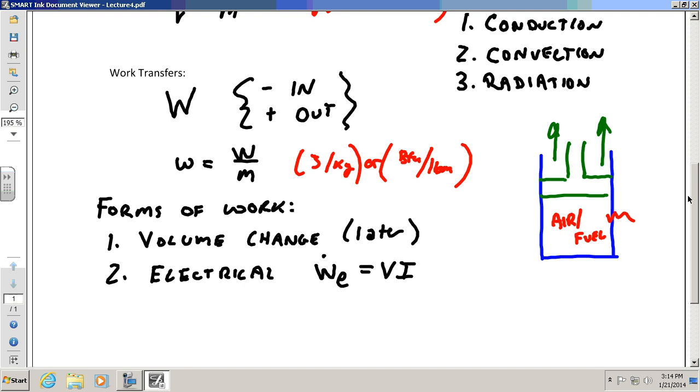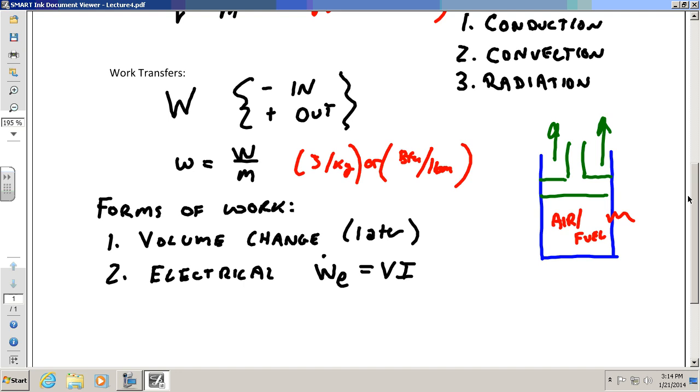So that's power. Electrical power, or work per unit time, is voltage times current. Okay. So if you have a problem in the future that gives you a voltage and current input, you know that's an electrical input, that's a work input.